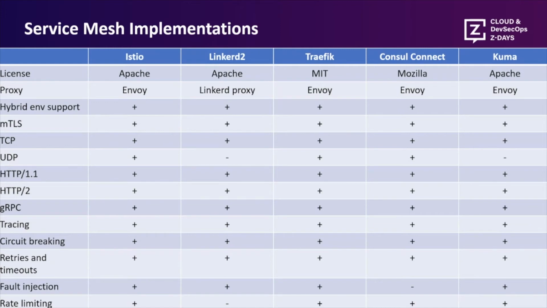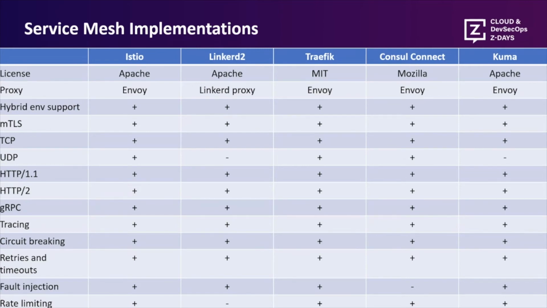Great piece of software, just out of scope of this talk. And some will use their own proprietary proxy solutions, right? Envoy is increasingly popular, and service meshes relying on Envoy as a proxy will have a more or less similar feature set, just because those features are supported by Envoy, right?